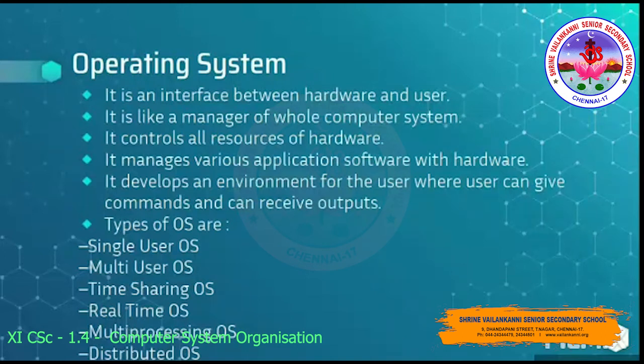How an operating system executes a program will be seen later. Now, there are different types of operating systems available today to cater to varied types of requirements. These are single user OS, multi-user OS, time sharing OS, real-time OS, multi-processing OS and distributed OS.